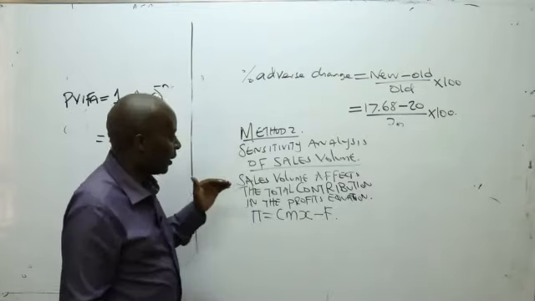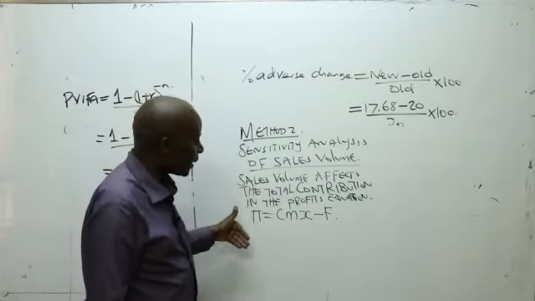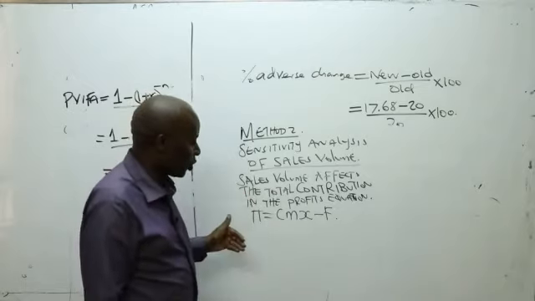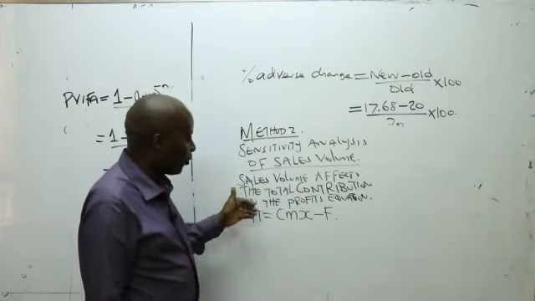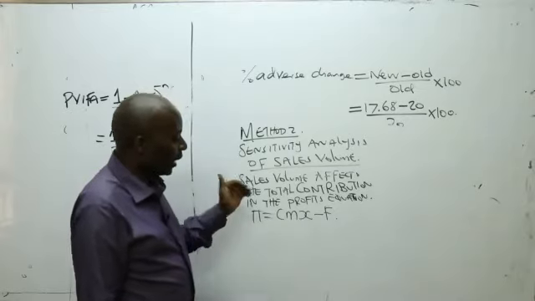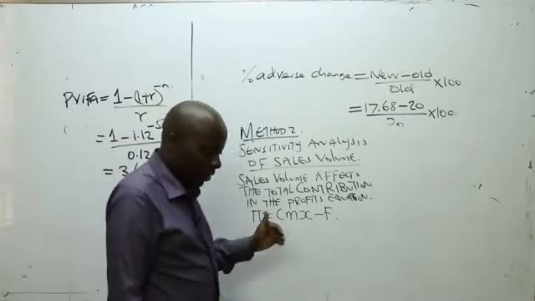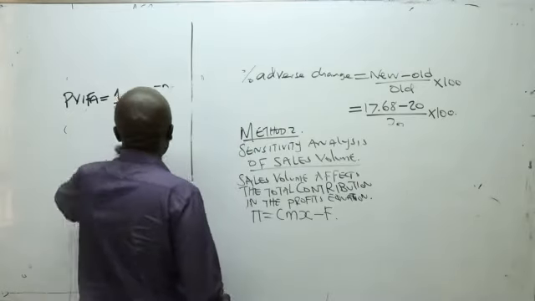I want to repeat this again. We are saying that sales volume affects the total contribution in the profit equation, and therefore our profit will be equal to total contribution minus the firm's fixed costs.